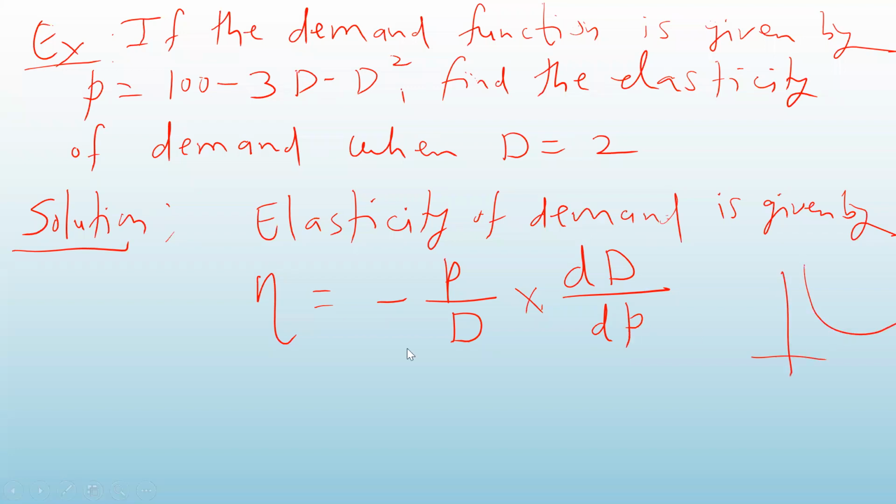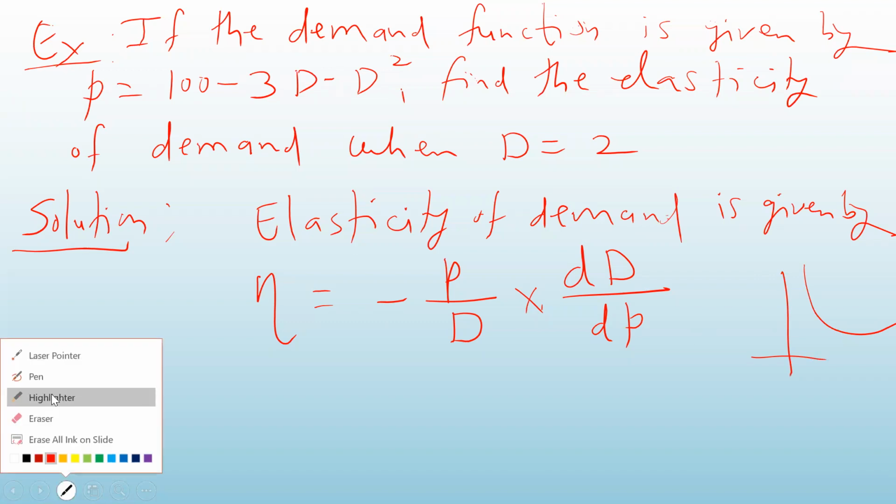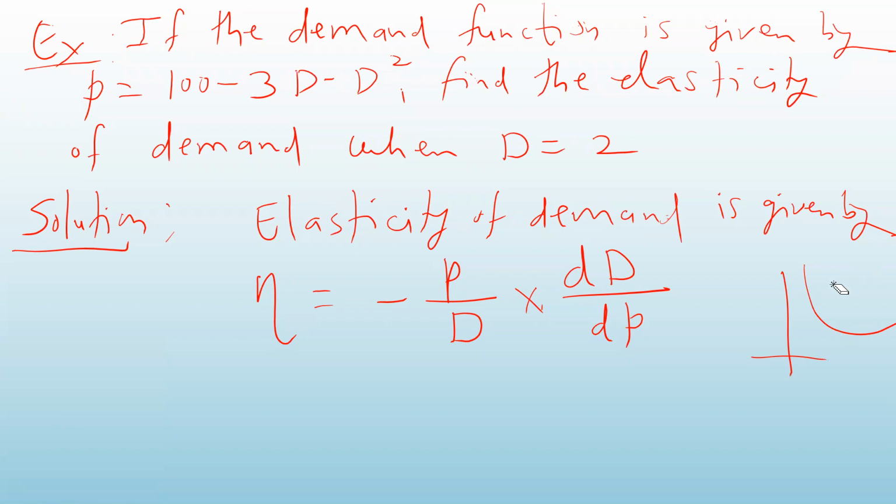So its derivative will be negative. For a decreasing function, its derivative is negative. That you remember that. So the derivative of D with respect to P, this term will be negative.